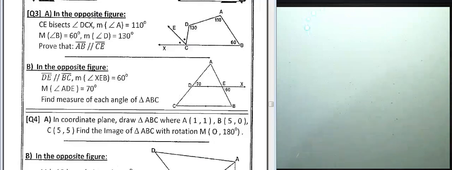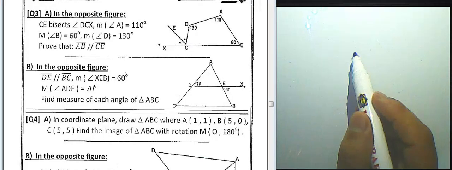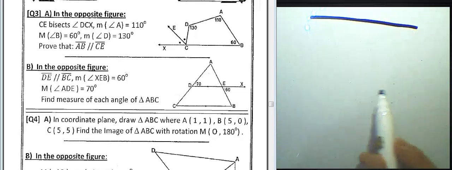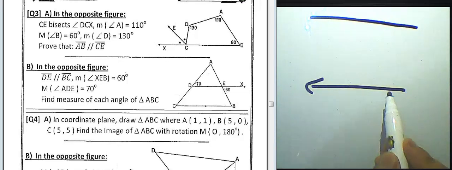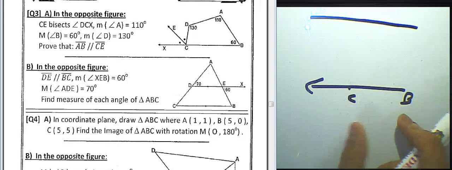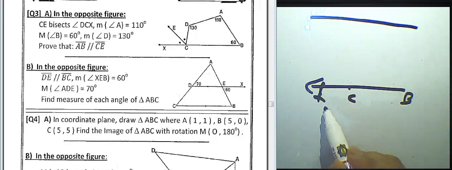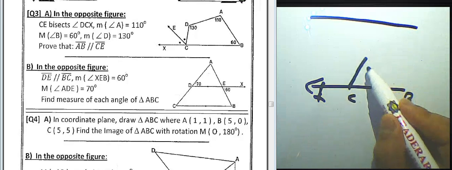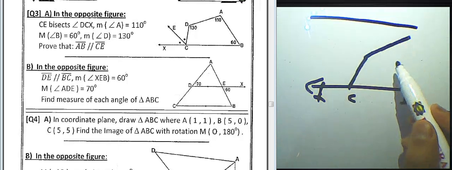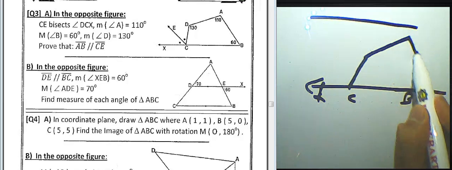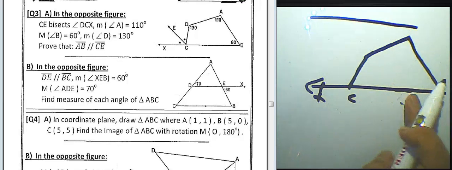Look at question number 3. We have here straight line BC and ray CX. We have this side and this side, and we can complete the figure here.